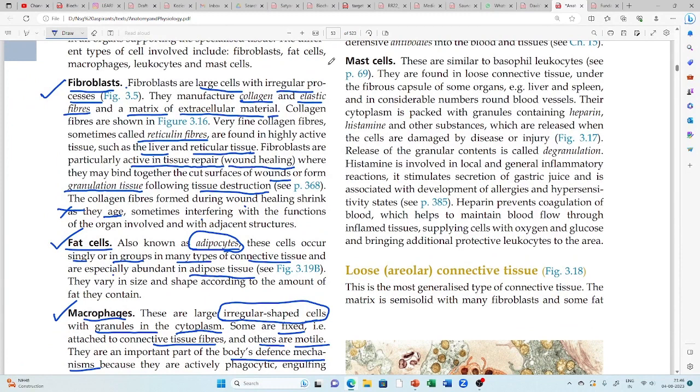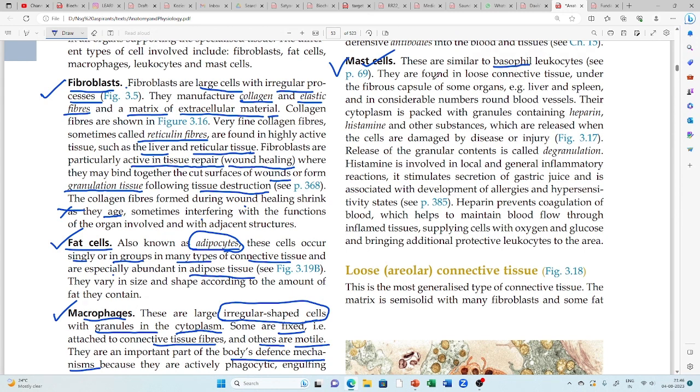Another one is mast cells. These are similar to basophils. I think you know basophil is one type of WBC. WBC is divided into other classifications, which I will explain in detail when we study blood and blood cells. Mast cells are similar to basophil leukocytes, the same type of WBC.